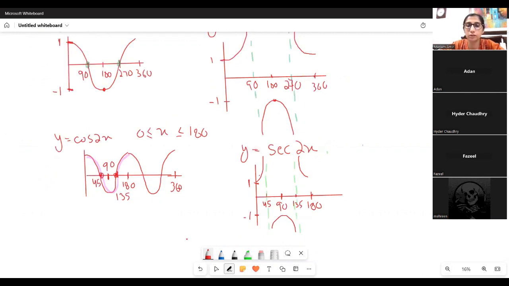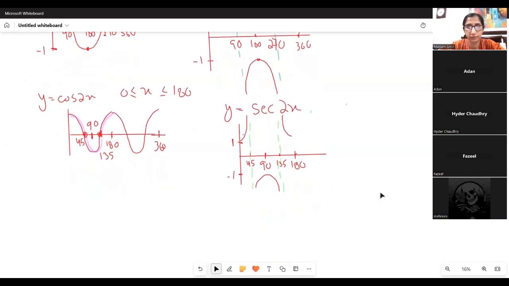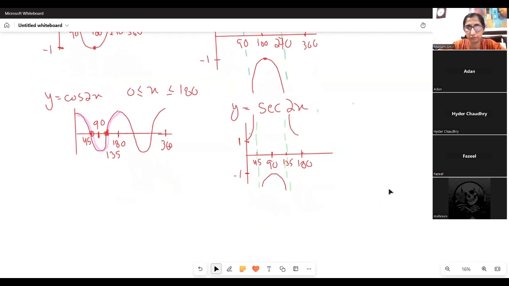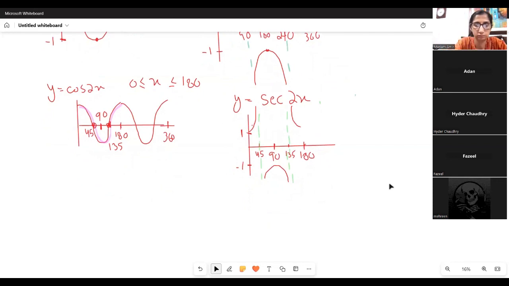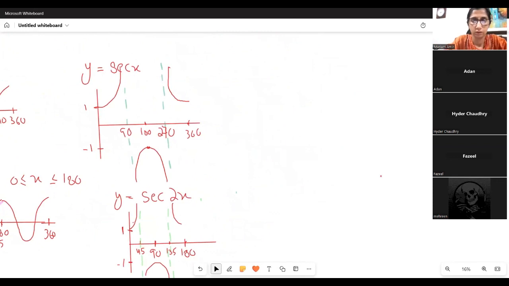Now let's also plot the graph for secant half x and cos half x. So y equals, y equals cos half x.